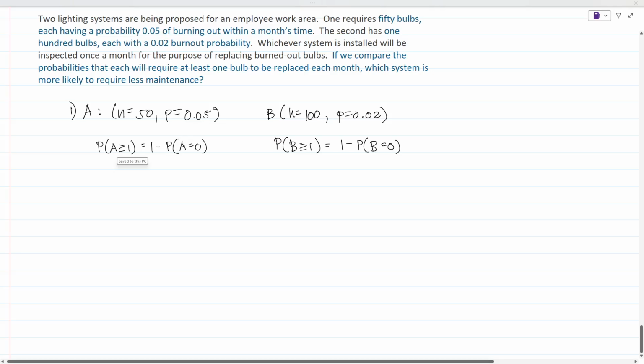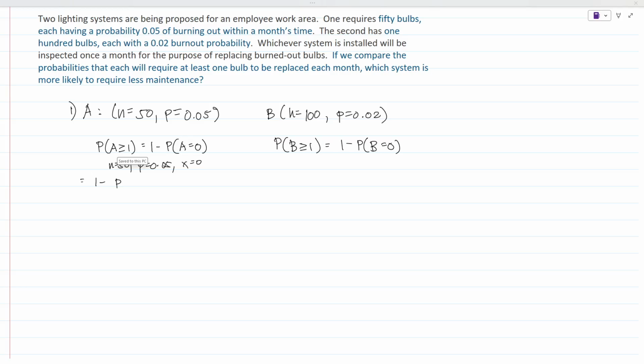Gamitin natin yung NC. No? So, here, we can see that N is equals to 50. P is equals to 0.05. And X is equals to 0. Okay? So, solve natin to. So, 1 minus P of A of 0 is equals to ano?